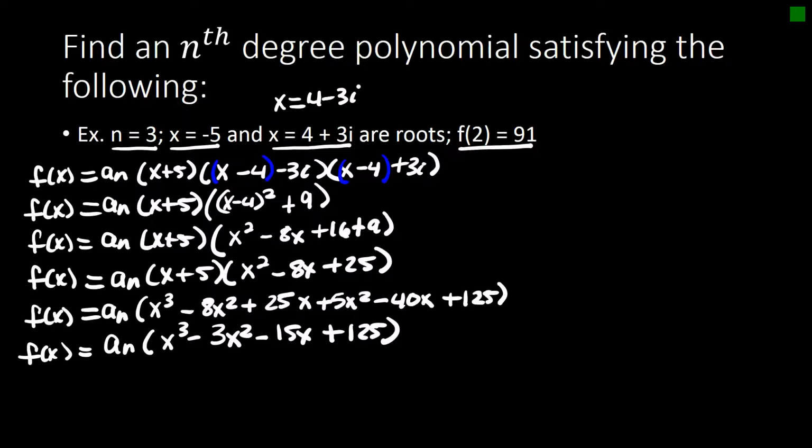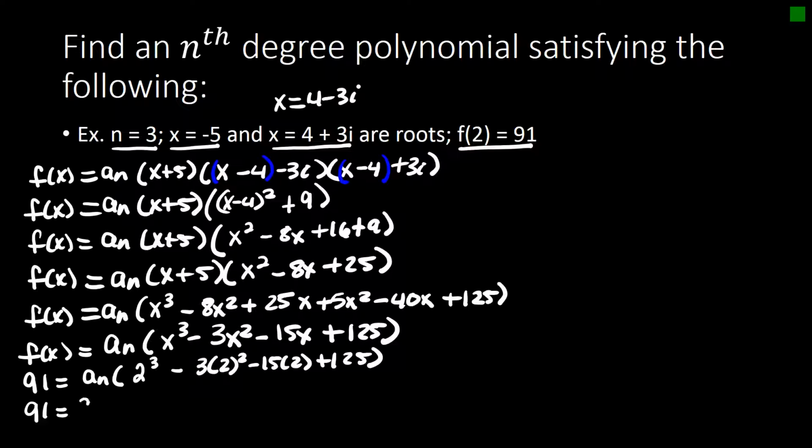Remember here we had f of 2 being 91. So 91 equals a sub n times, if I put 2 in here, 2 cubed minus 3 times 2 squared minus 15 times 2 plus 125. And what I get is 91 equals 91 a sub n.